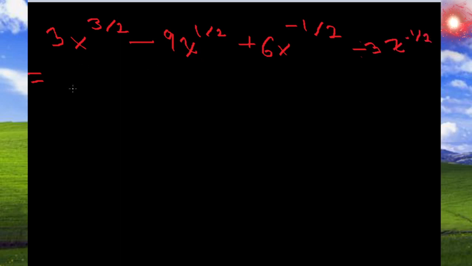And that's going to give us x squared minus 3x plus 2, which will give us x minus 1, x minus 2.